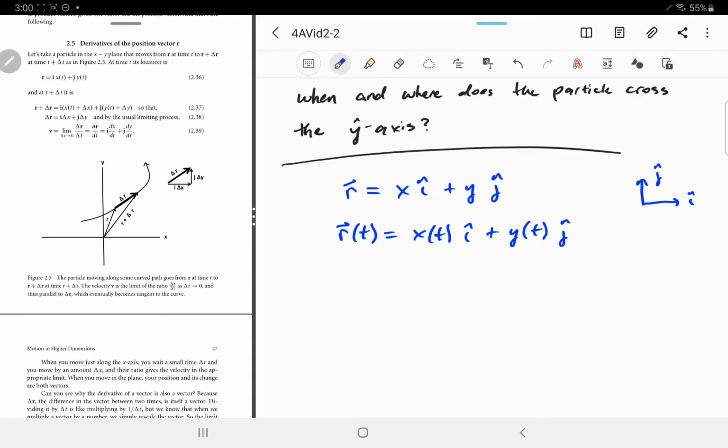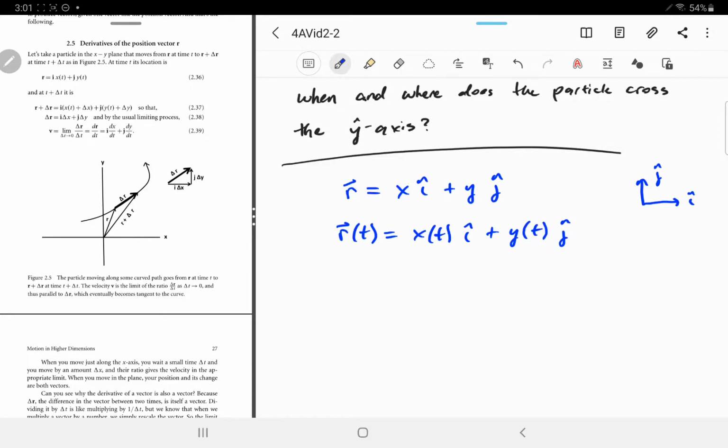So notice how i and j hat are not a function of time. So you're used to a Cartesian coordinate system where the basis vectors don't change in time. Later in this course, we are going to see another polar coordinate system where the basis vectors do change over time. So there we're going to have to be a little bit more careful about this. But right now it's pretty easy. It's just the x and the y pieces depend on time.